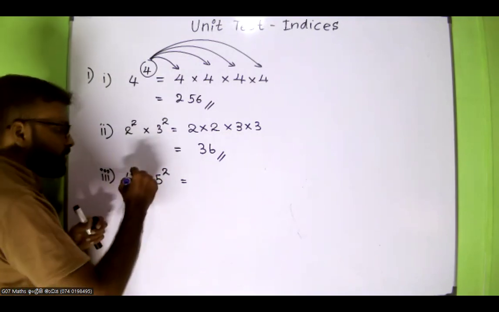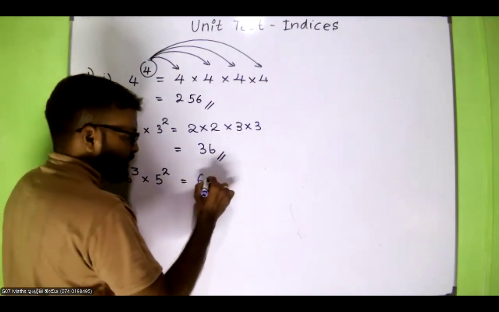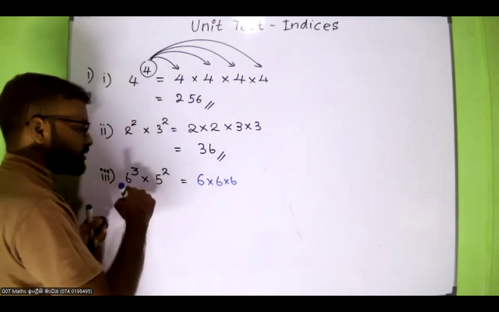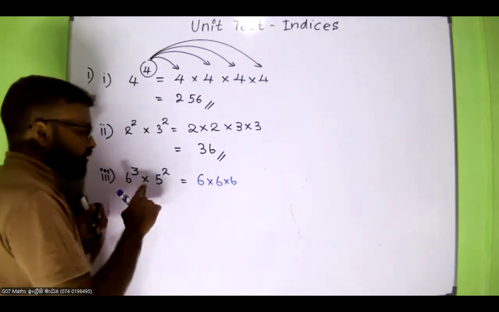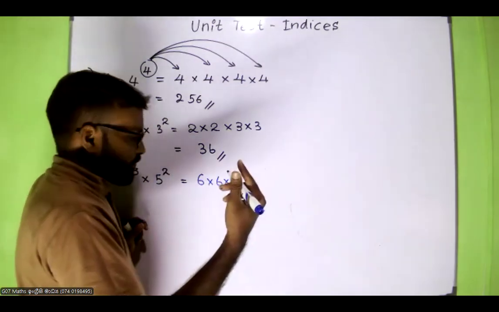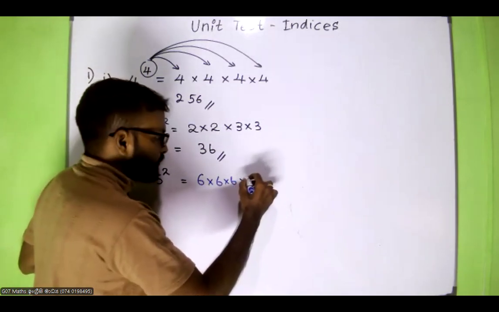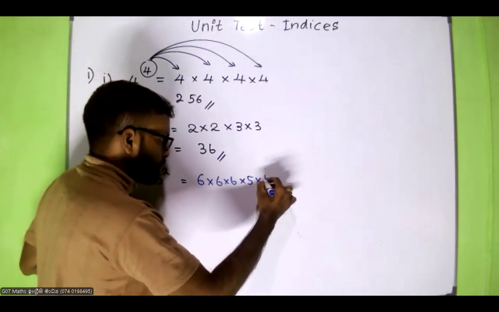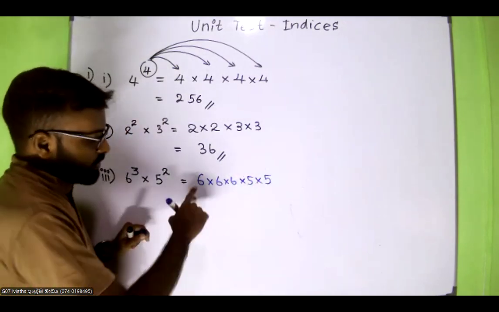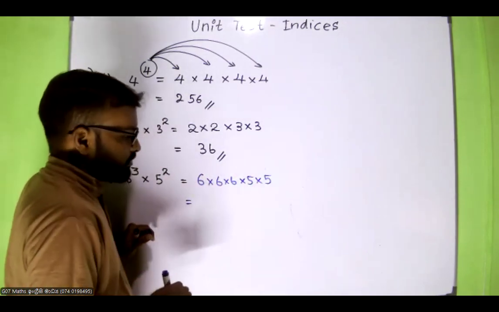So 6 to the power 3, or 6 cube, multiplied by 5 to the power 2, we can say 5 square, 5 times 5. Now 6 times 6.